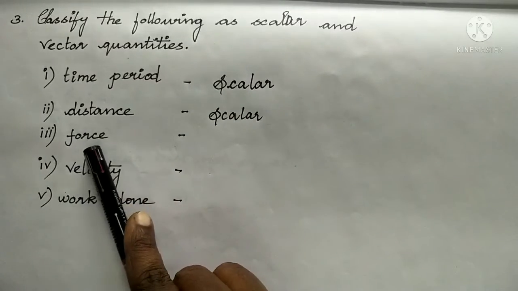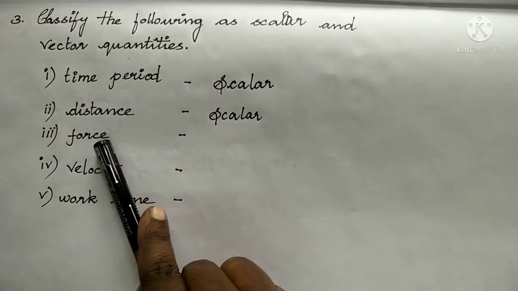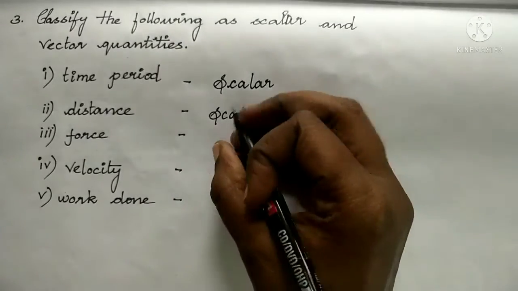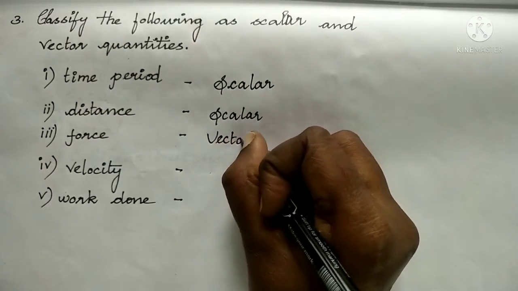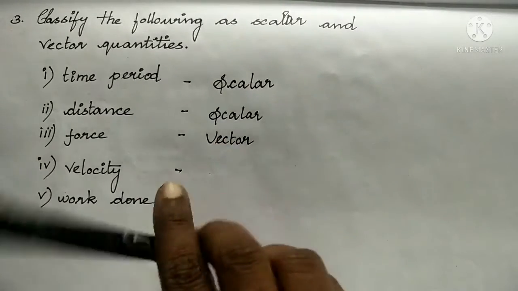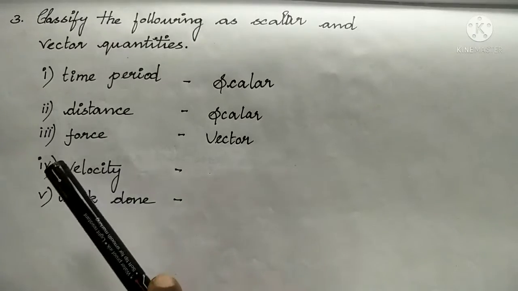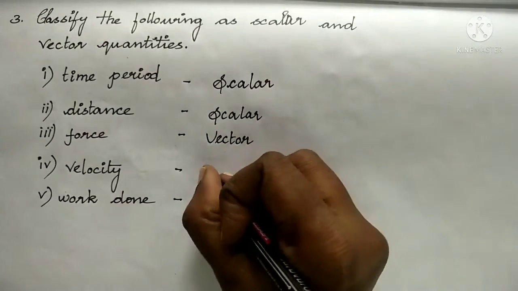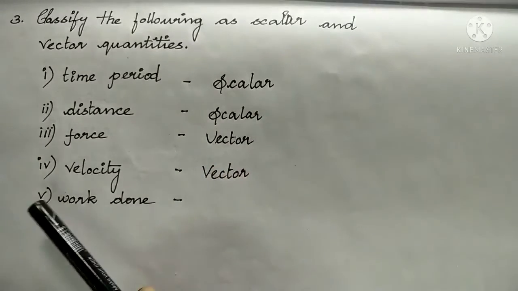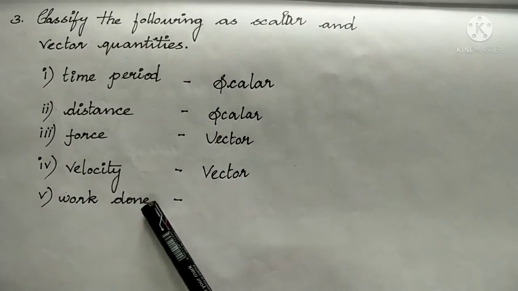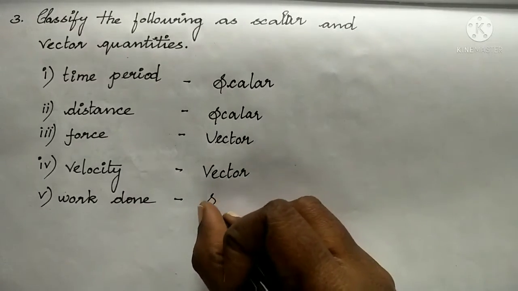Third question, force. Force will be having both magnitude and direction. So this is vector quantity. Fourth question, velocity. Velocity involves both magnitude and direction. So vector quantity. And finally, work done. Work done involves only magnitude. So it is a scalar quantity.